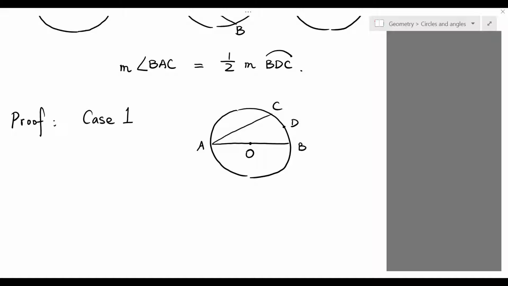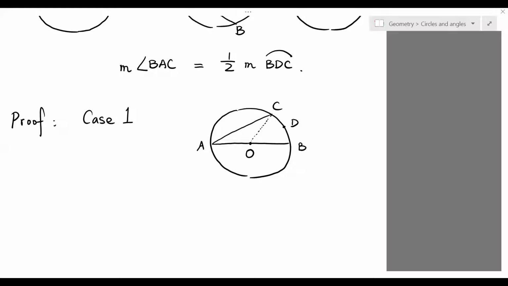By definition, in this case, the arc BDC, which is part of a semicircle, has to be a minor arc. Therefore, the measure of this type of arc is precisely the measure of the central angle facing this arc, namely in our figure the central angle BOC.